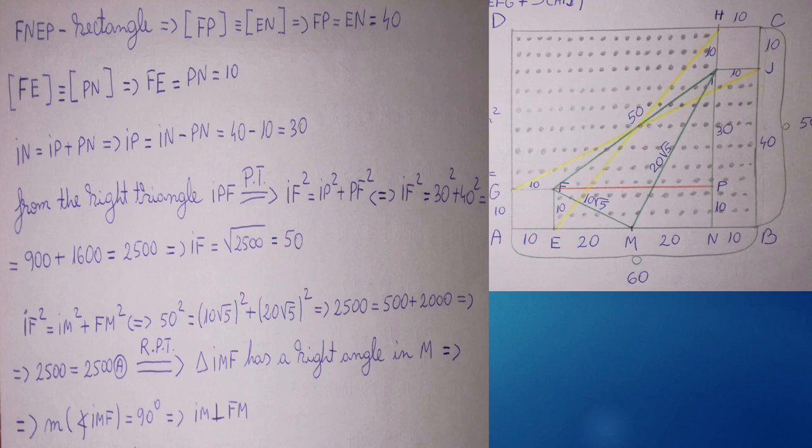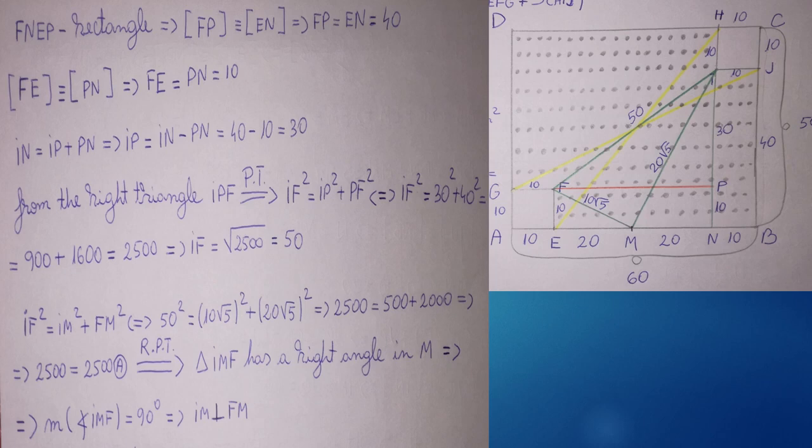From the right triangle IPF, we have with Pythagoras' theorem that IF squared equals IP squared plus PF squared, which is equivalent to IF squared is equal to 30 squared plus 40 squared, which is equal to 900 plus 1600, which is equal to 2500. So IF is equal to the square root of 2500, which is equal to 50.